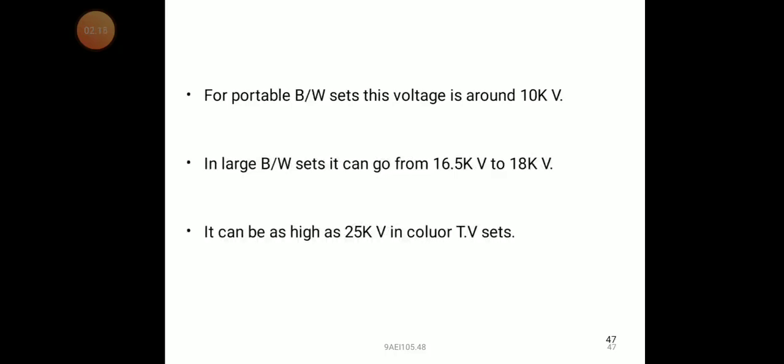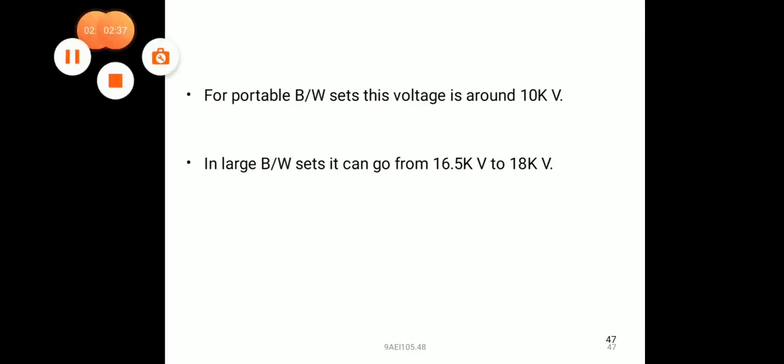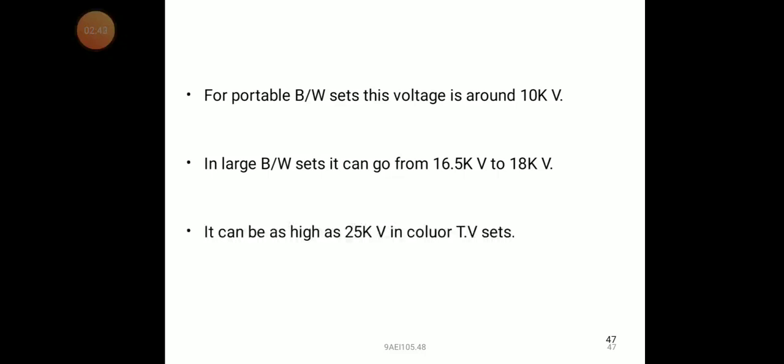For portable black and white sets, this voltage is around 10,000 volts, that is 10 kilovolts. In large black and white sets, it can go from 16 kilovolts to 18 kilovolts, and it can be as high as 25 kilovolts in color TV sets.